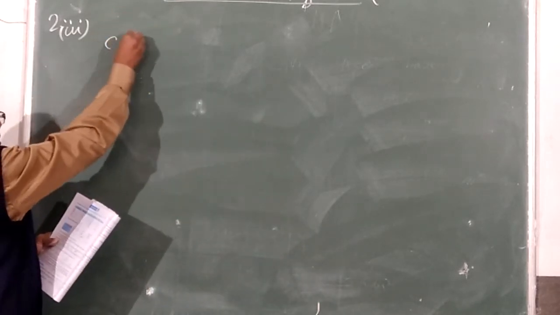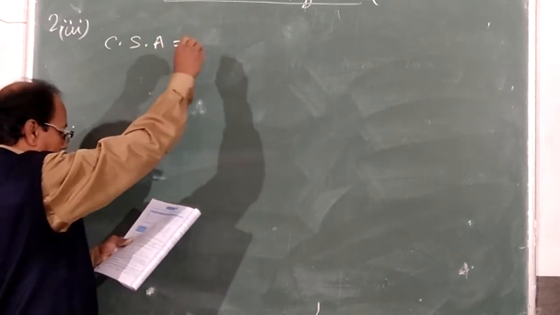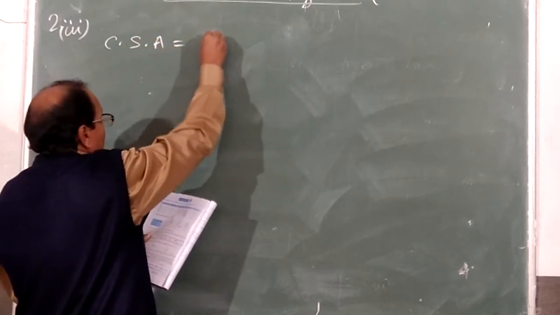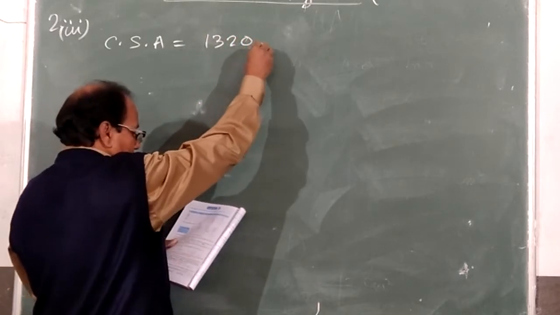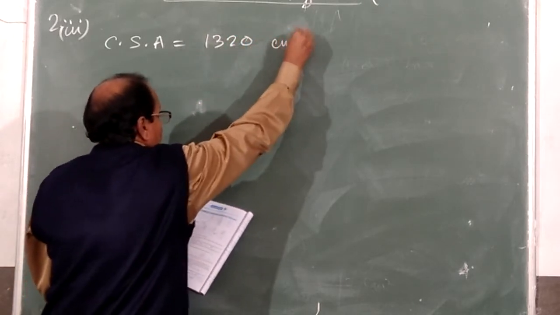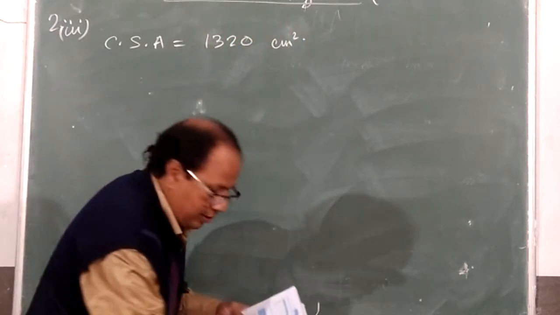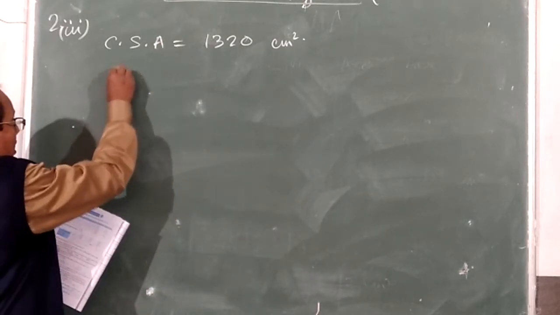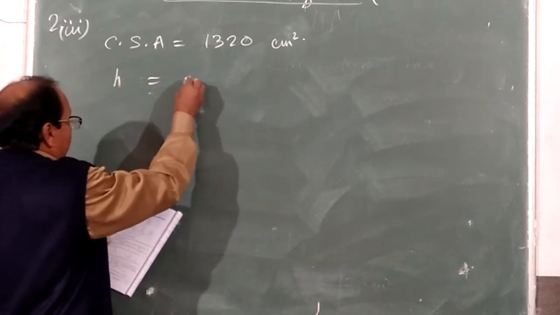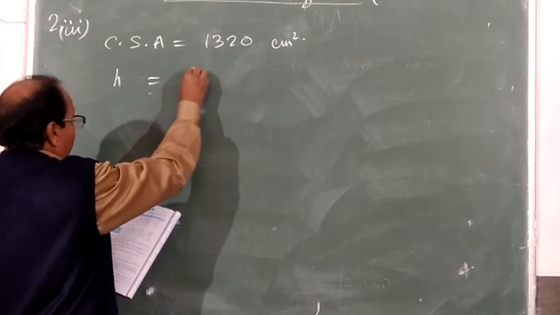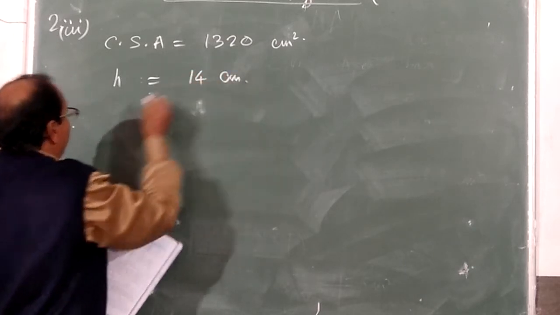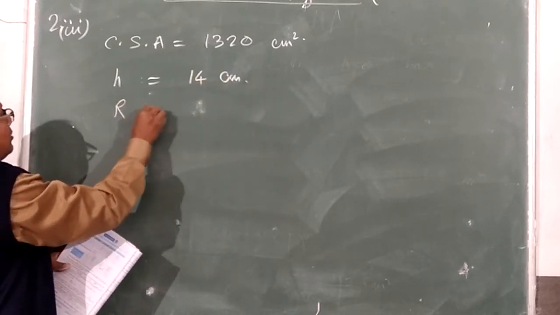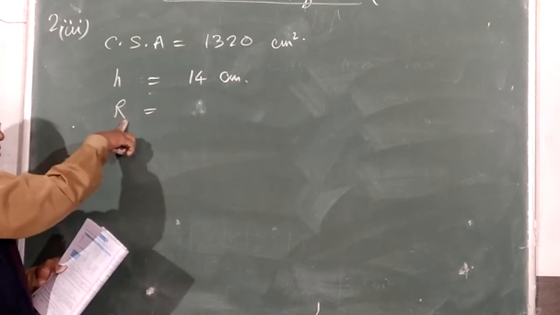No, CSA is given. Okay, radius we will find out. So CSA is here 1320 centimeter square. Okay, and here height is given. h is equal to 14 centimeter. We need to find out radius, either you write capital or small r, no problem.